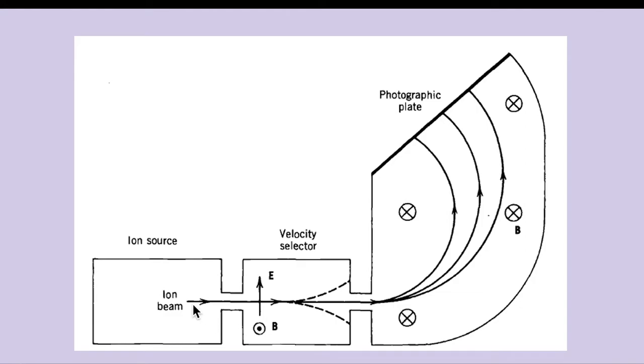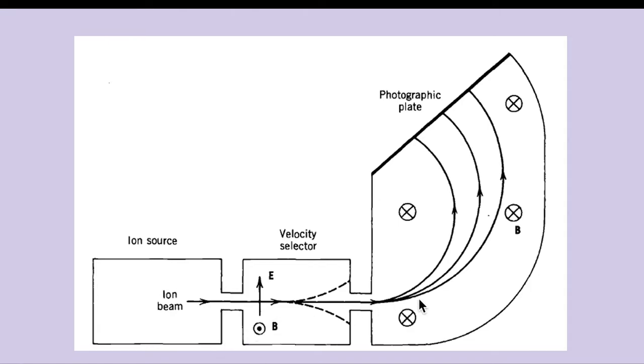So if an ion beam is entering like this, it can't move along a straight path and it will have some deflection either towards the upper side or the downside. So it will not come through this slit. Only that particular mass will be adjusted to pass through this.